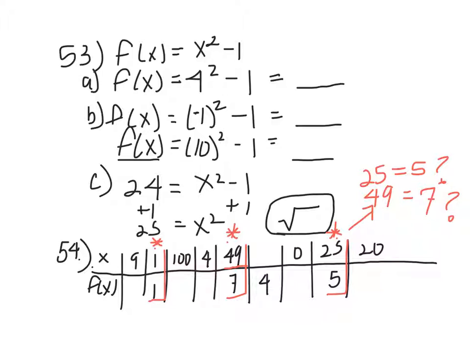If you said this right here, square root, you're correct. The square root of 25 equals 5, and the square root of 49 equals 7.